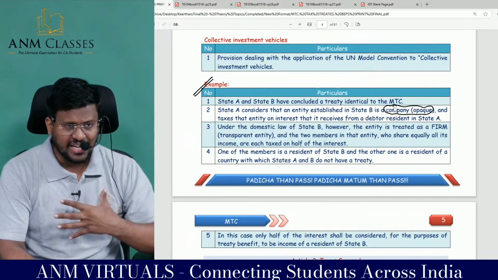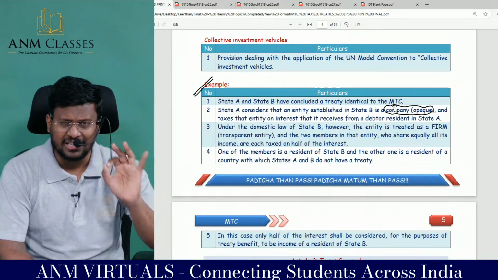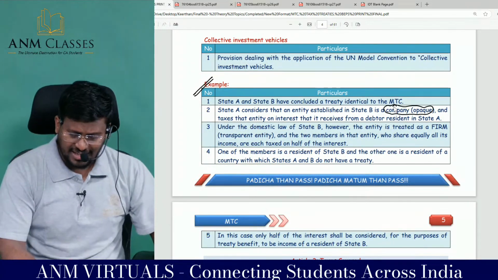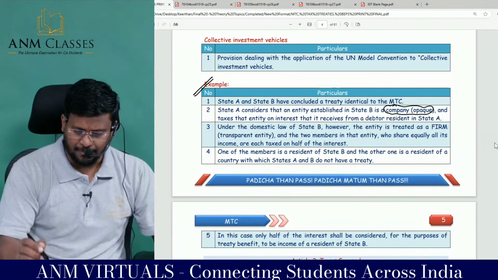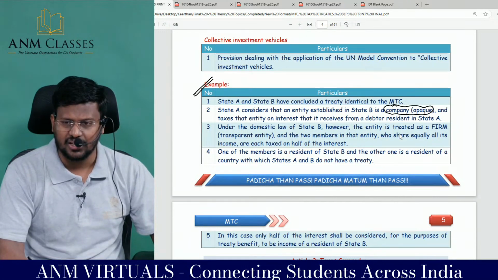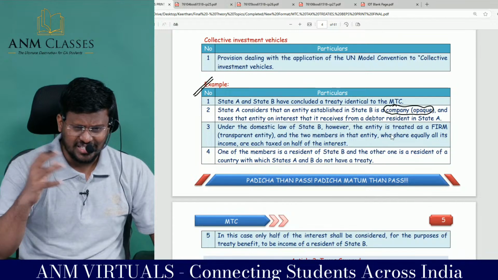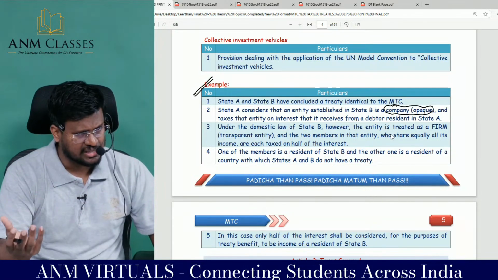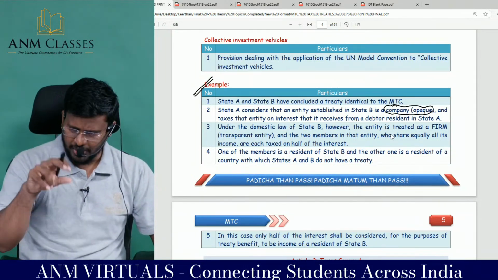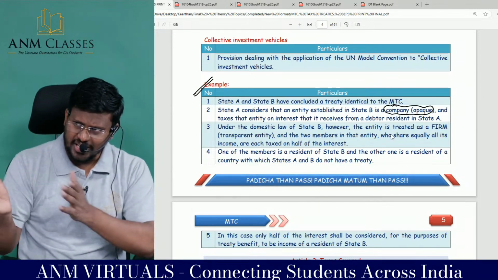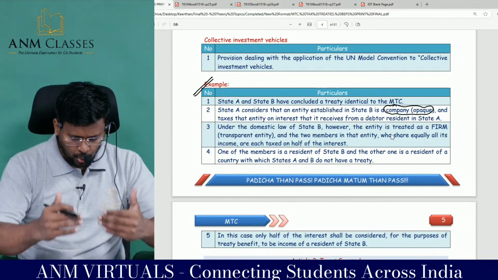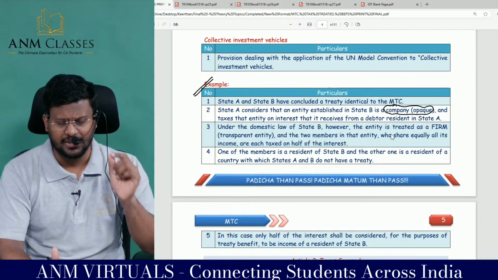That means state A will tax it as a company, and taxes that entity on interest that it received from a debtor resident in state A. So from state A, they are getting some income, some interest. Whether that interest has to be taxed in state A or state B, and to whom the DTA will be applicable, is the question.